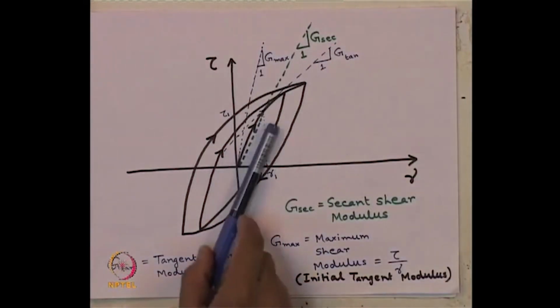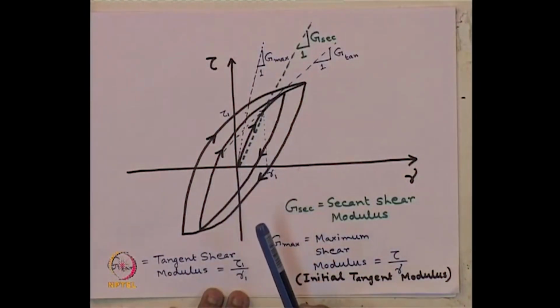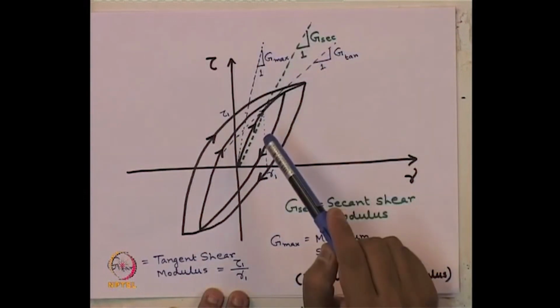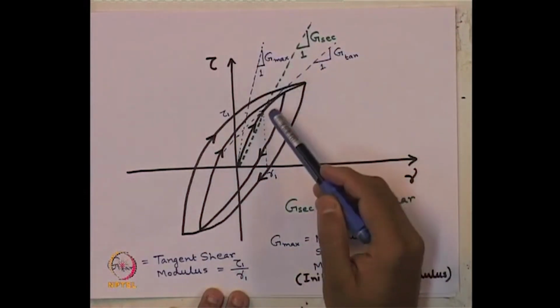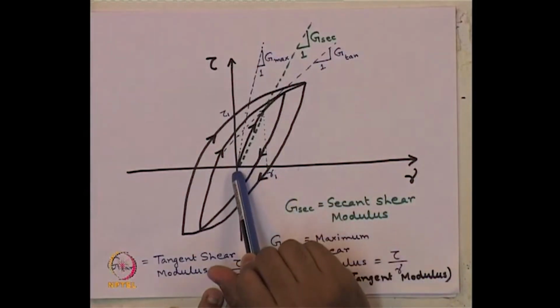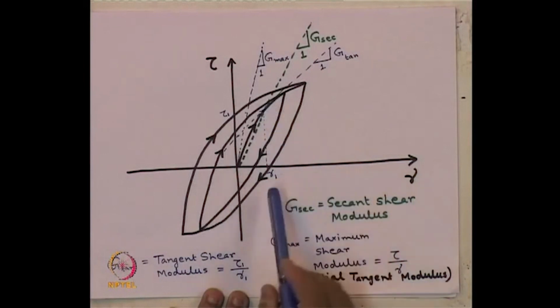Similarly, the other slope, this green color line which we have drawn, is called the secant shear modulus. We are joining the initial point, that is 0,0, to a particular point at a particular strain level where we want to obtain the shear modulus.